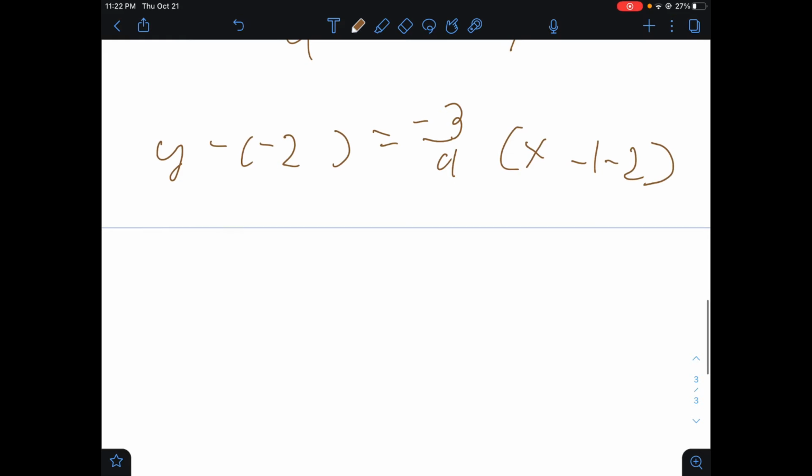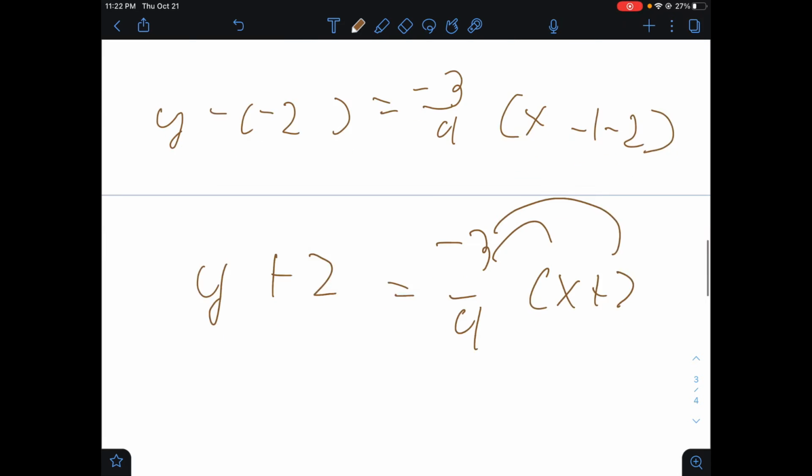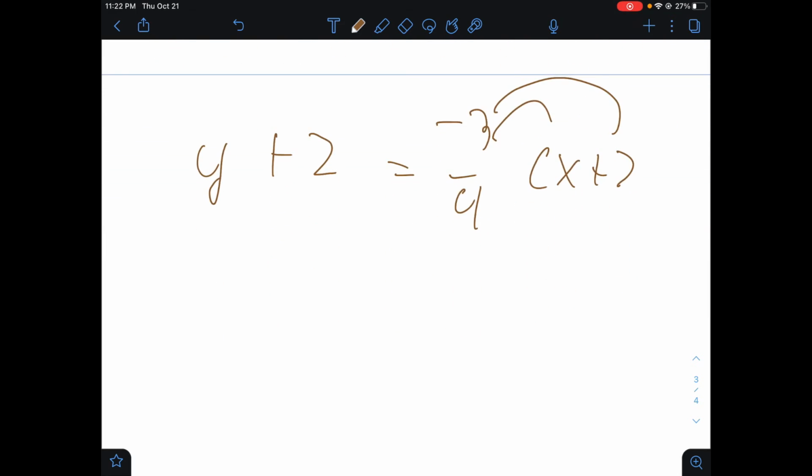After this, we're gonna simplify it and get y plus 2 equals negative 3 over 4, in parentheses x minus 2, and use the distributive property to multiply inside the parentheses. Now it's gonna be y plus 2 equals negative 3 over 4 x minus 3 over 2.